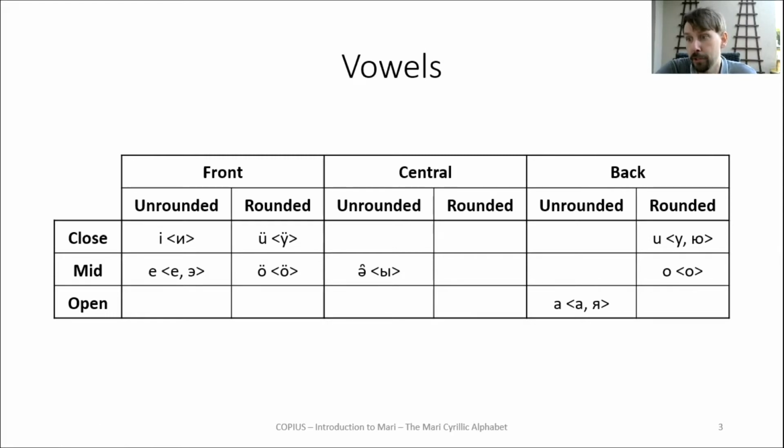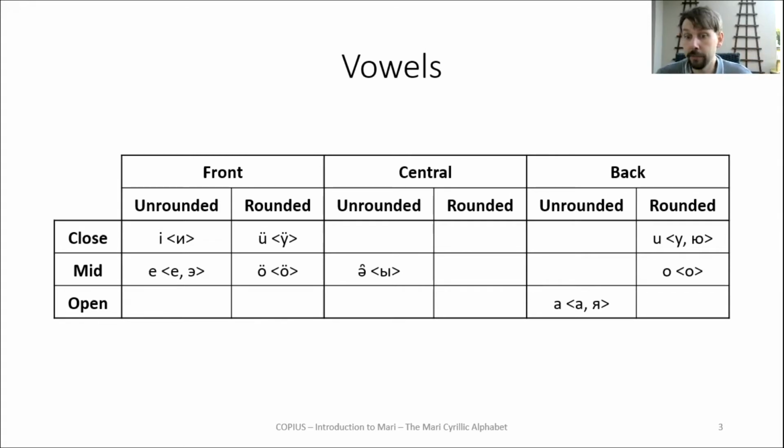If you remember from Russian, there is a controversy as regards the relationship between e and this sound. That's a Russian thing. In Mari, there's absolutely no question that this is a phoneme of its own, and it is completely divorced from e. So any interactions between these sounds that you have in your mind from Russian, forget about that. In Mari, you have to treat these two as completely own vowel sounds.